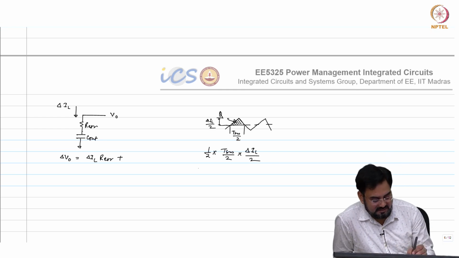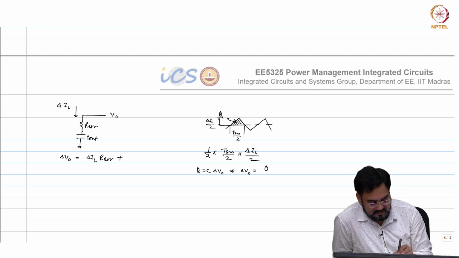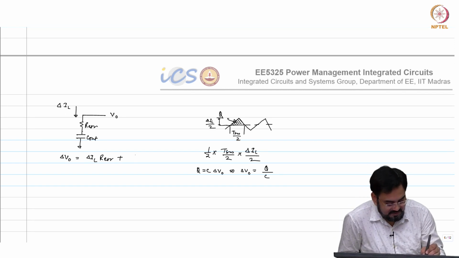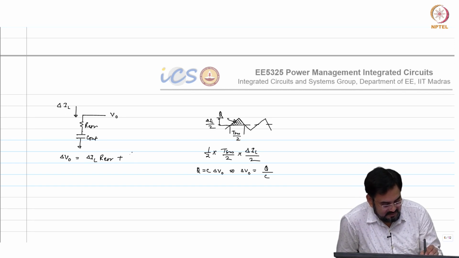And then Q equal to CV, C delta V naught. Q by C. Okay, so it makes it delta IL by 8 times of FSW C, correct.